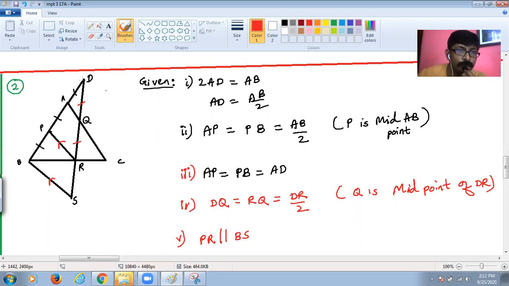If we focus on triangle DPR, AQ is a line segment joining the midpoints of sides DP and DR. So AQ will become parallel to PR by the converse midpoint theorem, isn't it?